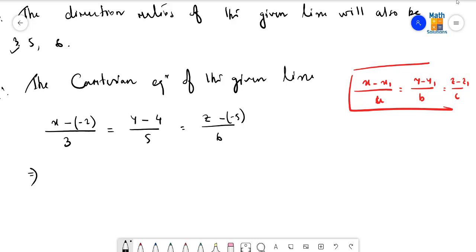So ultimately our answer will be x plus 2 by 3, that is equal to y minus 4 by 5, that is equal to z plus 5 by 6. This is the required answer for question number 6.